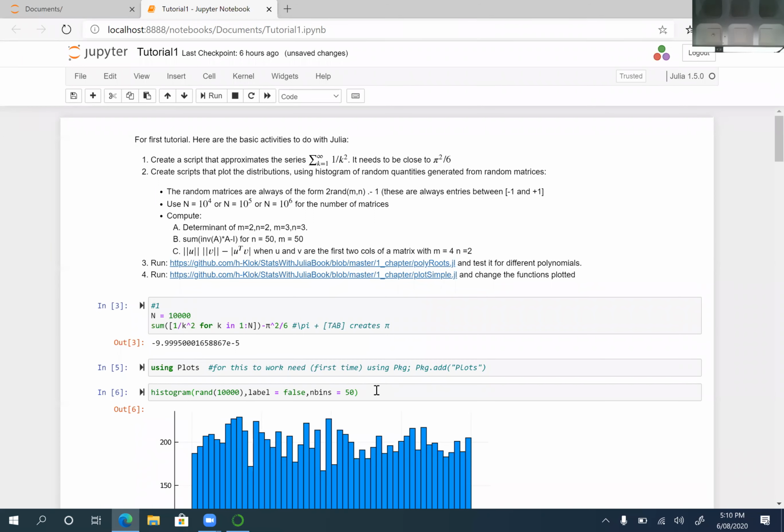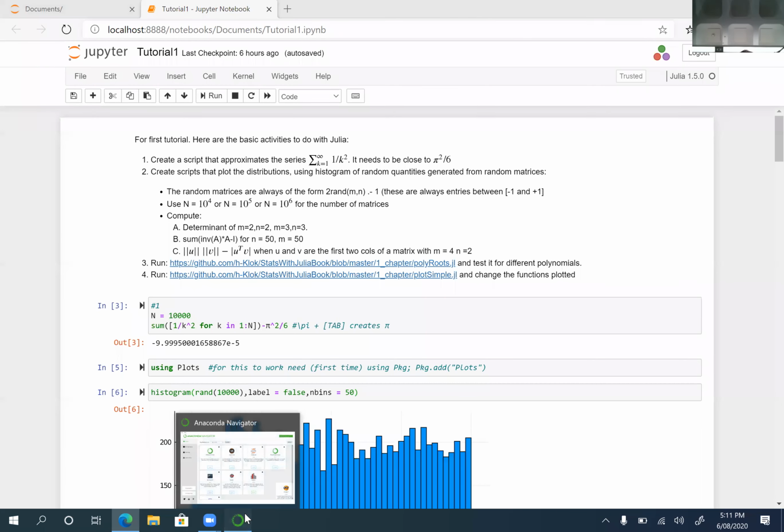So let's see if I can remember what you all have to do. You have to get Anaconda running. You have to have one of these IPYNB notebooks on your PC somewhere. So you would open Anaconda. On my laptop that I'm using here, it's this green thing right here. So I'll just pull it up.